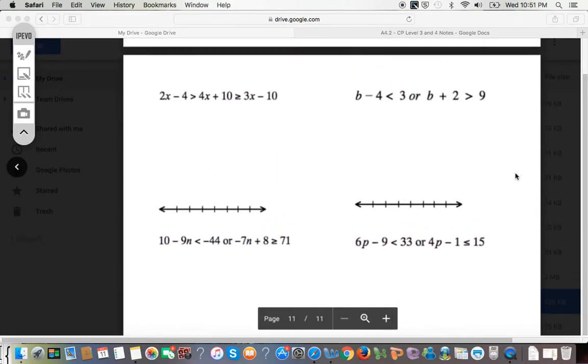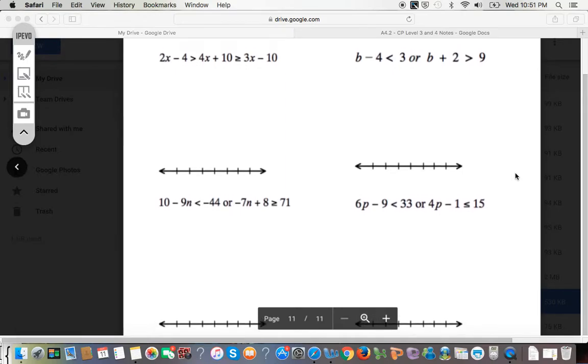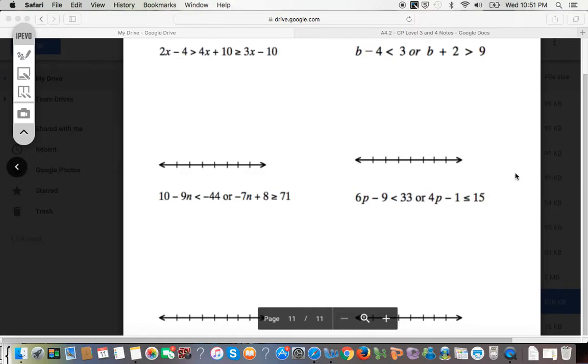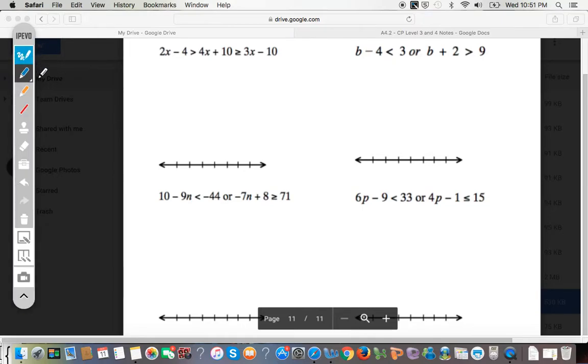Okay, so let's take a look at these top two. So just getting a little more complicated here. I will do this side first. So I'll rewrite it. 2x minus 4 is greater than 4x plus 10.